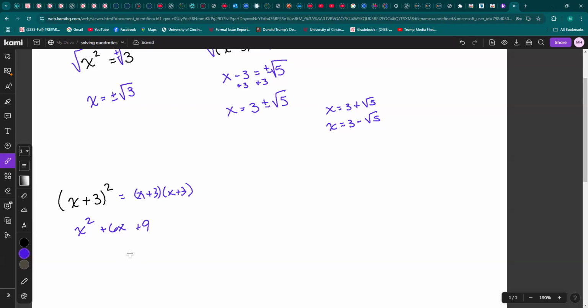So when we're completing the square, we are looking for these types of patterns. This is a perfect square trinomial.